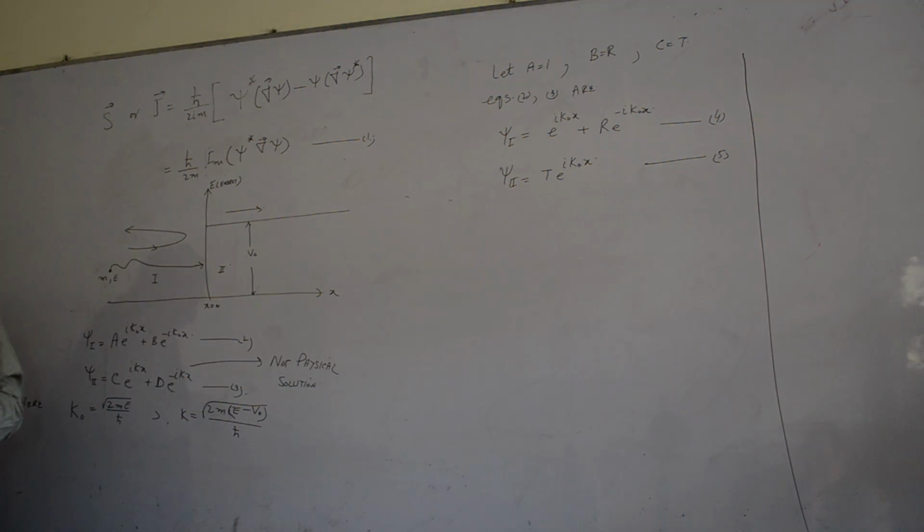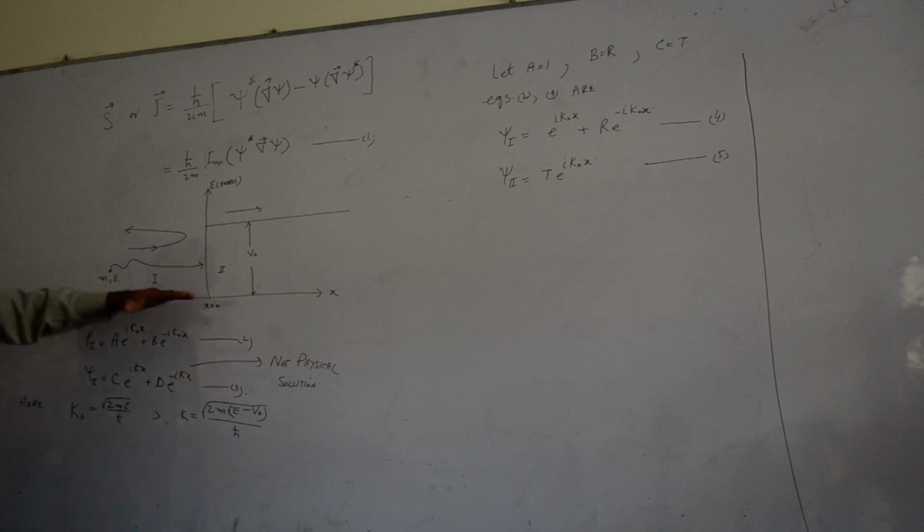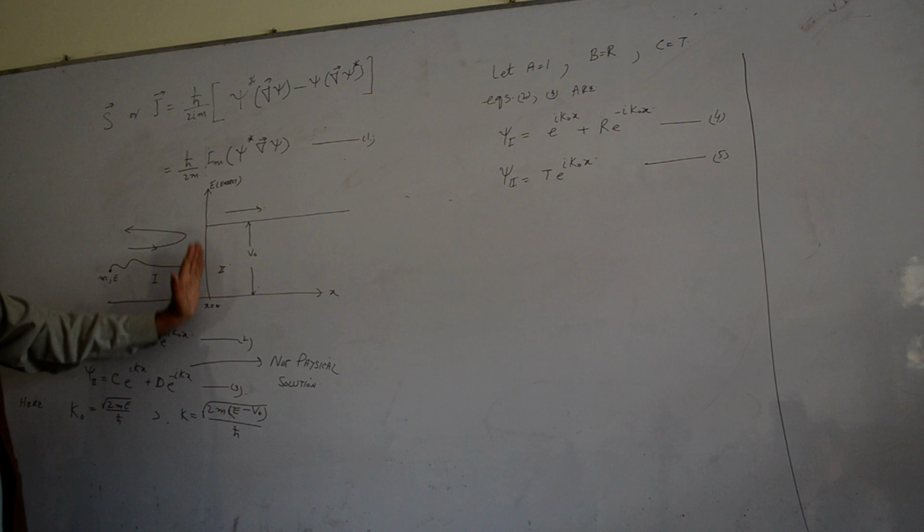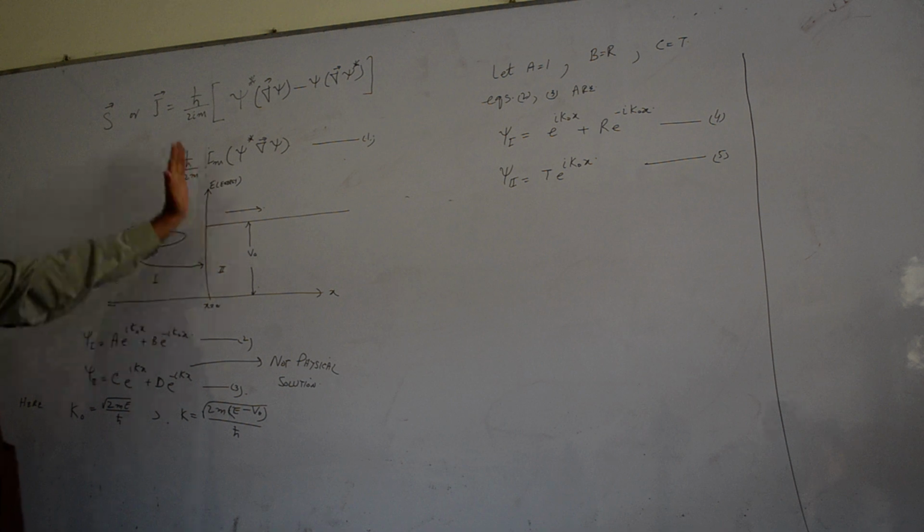I have taken the potential step problem. You have studied that problem in detail in your BS or third semester or MSc first year. So here is a potential step. This is the x-axis, and energy or potential is given in that direction.